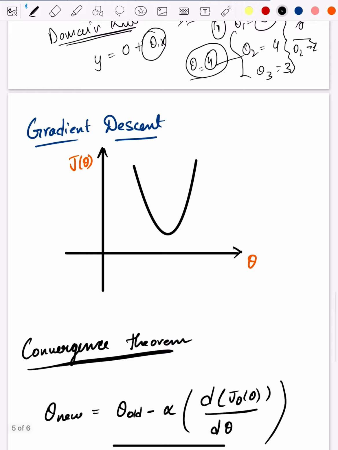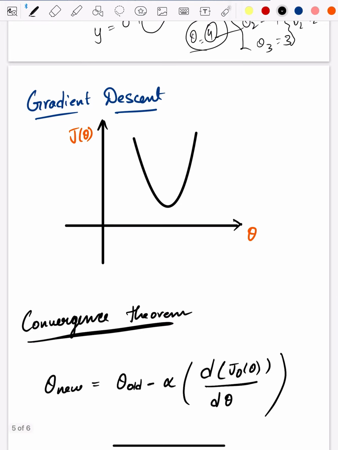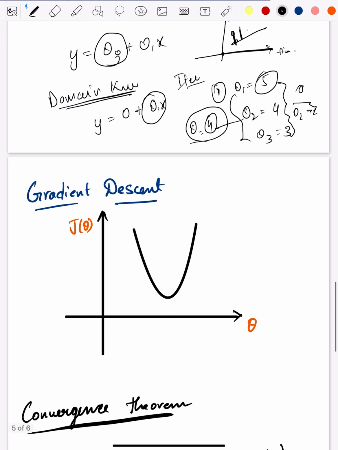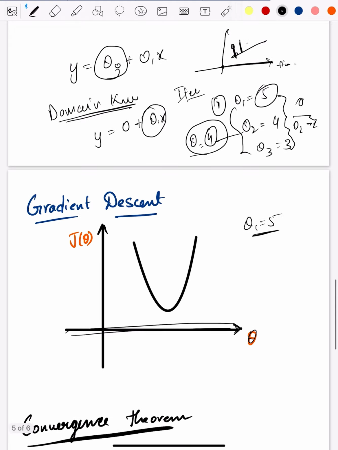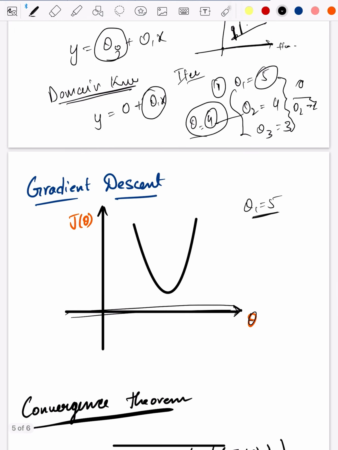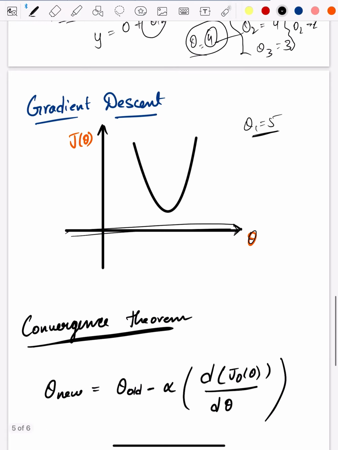So coming to gradient descent, first you assign the value as 5, right? So you might get some error. This is a plot between theta and J of theta. This is the cost function value, the overall error of the model, against the theta value.